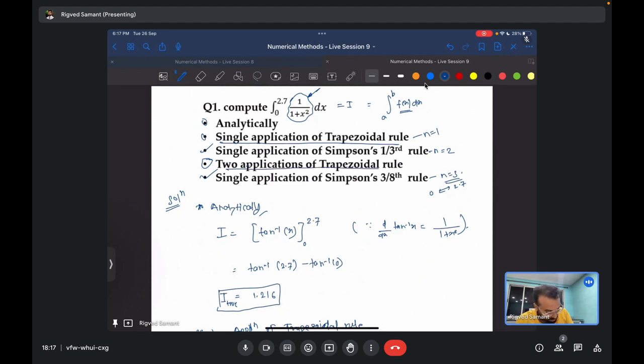So we have used the single application and two applications, that is using one interval and using two intervals of the trapezoidal rule.